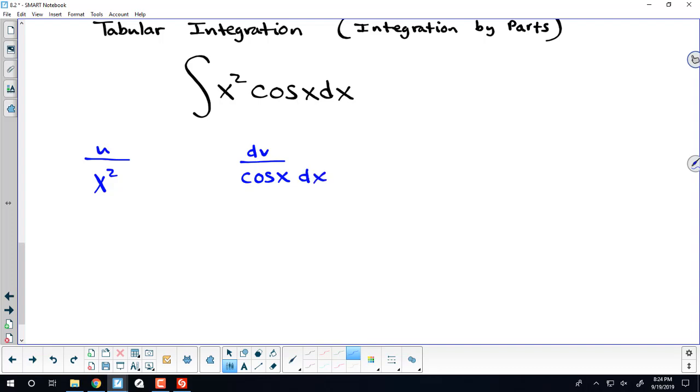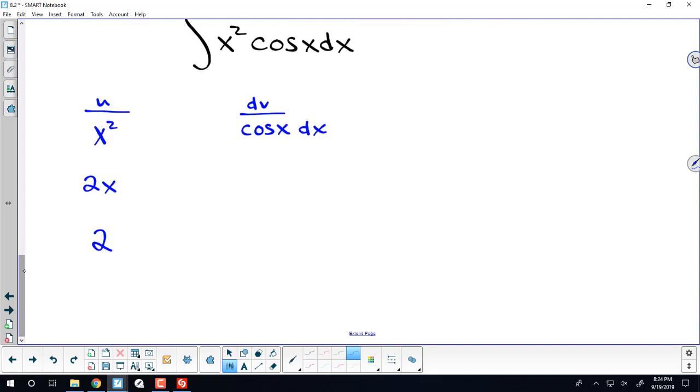So we're going to make this 2-column table. All along the left-hand side, we're going to just look at derivatives. So the derivative of x squared is 2x, derivative of that is 2, and the derivative of that is 0. Antiderivative of cosine is sine.